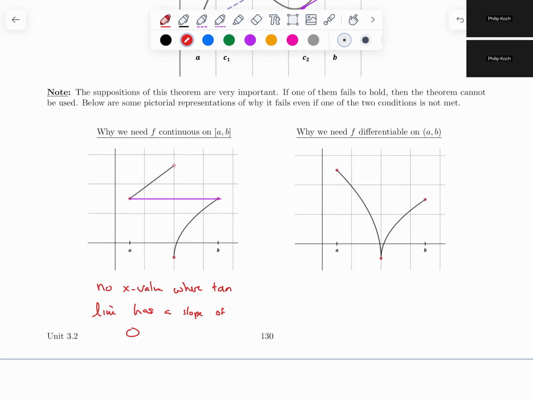I'm sorry, can you remind me, what is the secant line again? The secant line is the average rate of change. It's taking the difference between where you start and where you finish and finding the slope of that line.